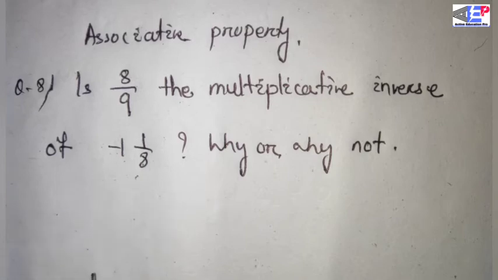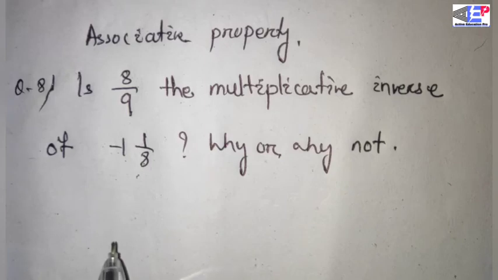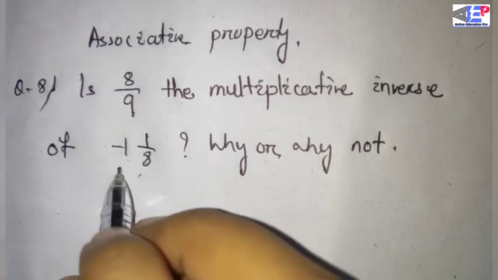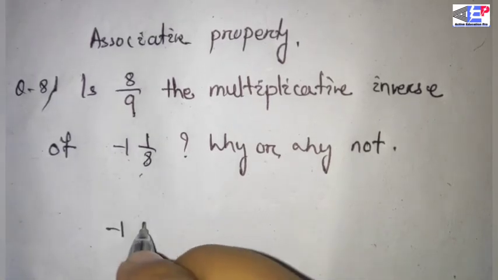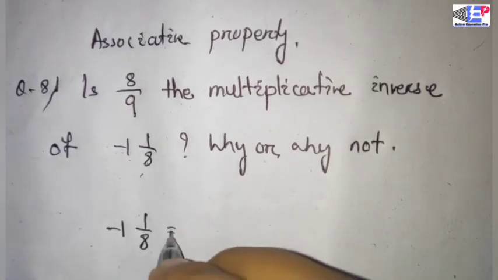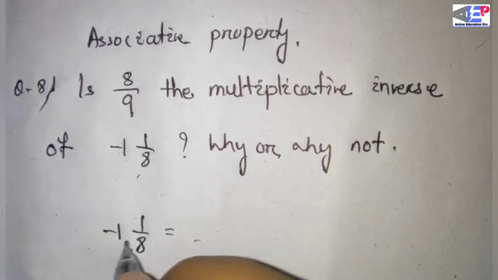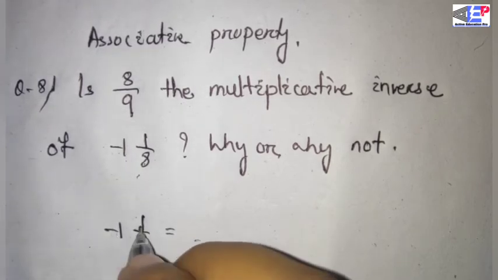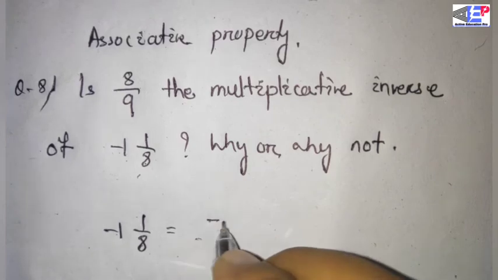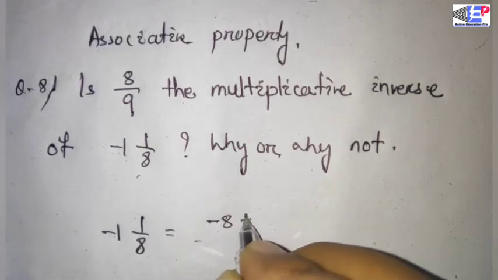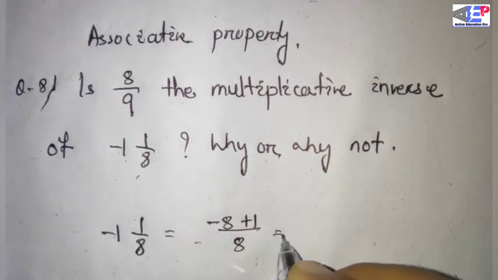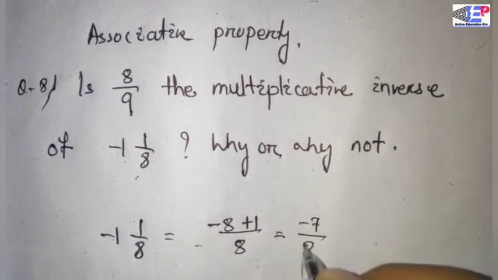First check whether 8 by 9 is the multiplicative inverse of minus 1 1 by 8 or not. Make it a fraction: minus 8 plus 1 by 8, it will become minus 7 by 8.